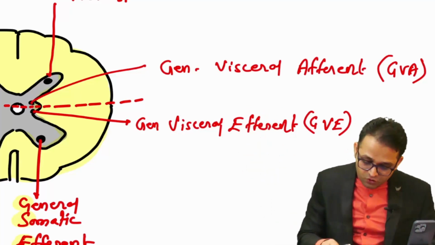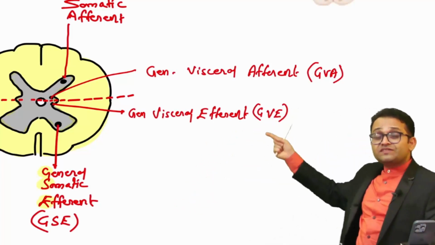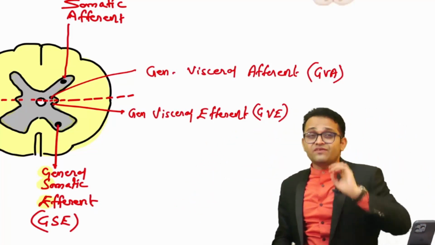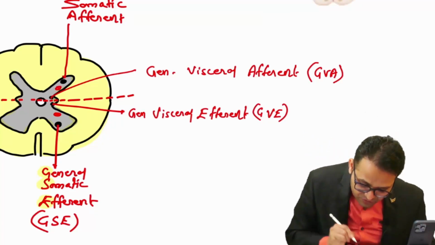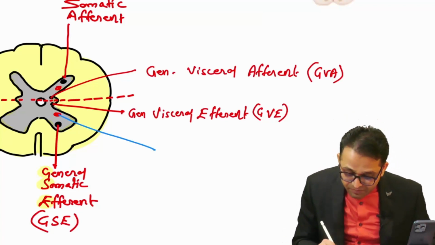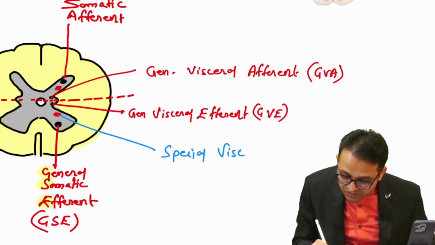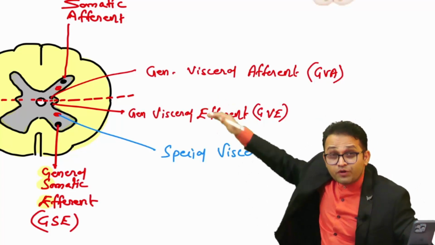Now after that I told you in between that, between the somatic and the visceral, one more column develops at our brain stem part which is supplying the pharyngeal apparatus. So I am drawing the structures in between those both columns. So what should be the nomenclature? Yes, sir. It will supply the special viscera, the pharyngeal apparatus. So special visceral. Yes, efferent, because it is below the sulcus limitans.